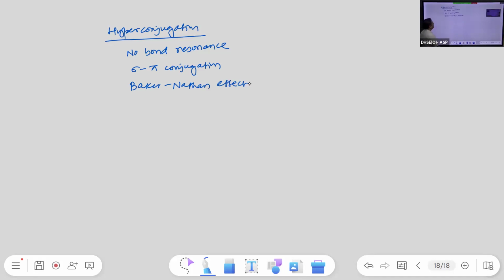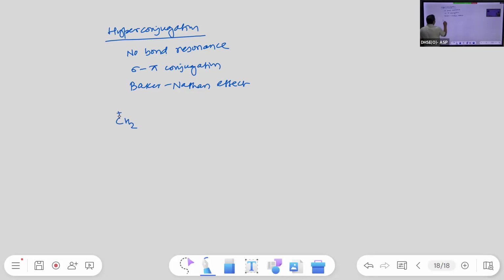So these are the three names given to hyperconjugation: no bond resonance, sigma pi conjugation or Baker-Nathan effect.